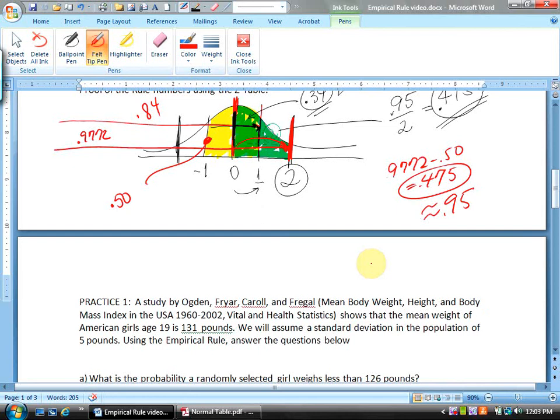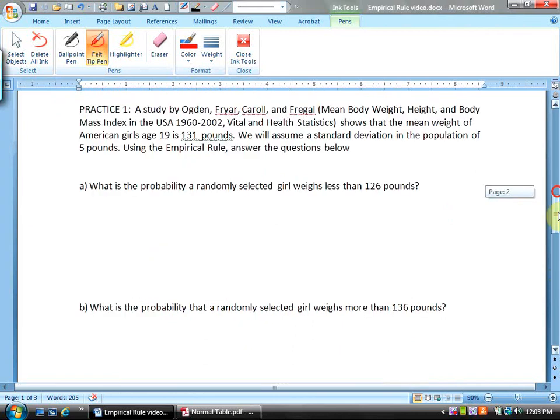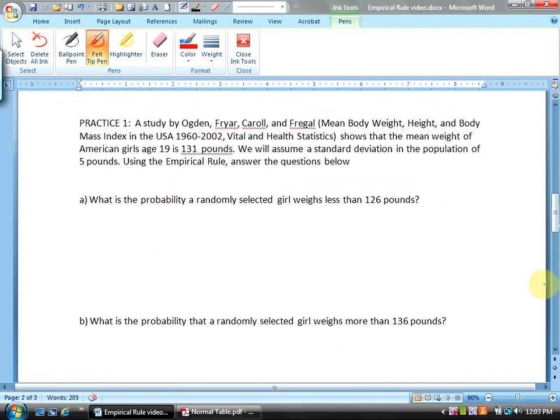Okay, so now that we understand these ideas, let's solve a little problem here. Let's see what this problem says. A study shows that the mean weight of American girls aged 19 is 131 pounds. So when we say American girls, we're talking about the population of American girls.